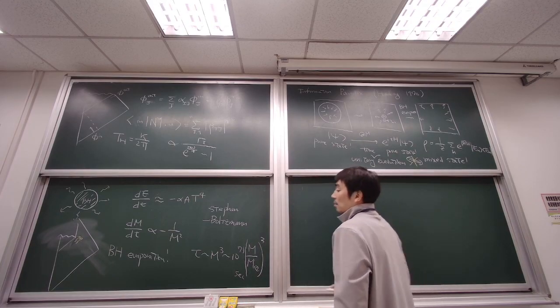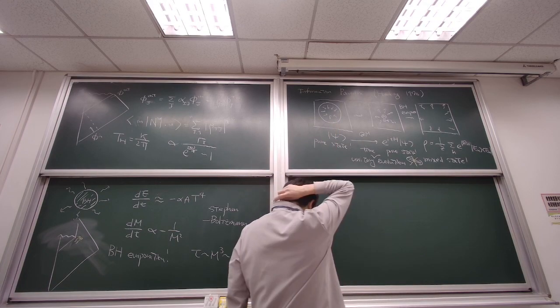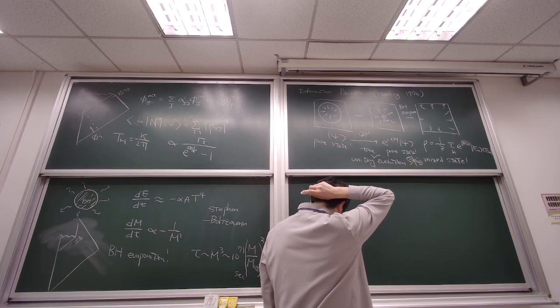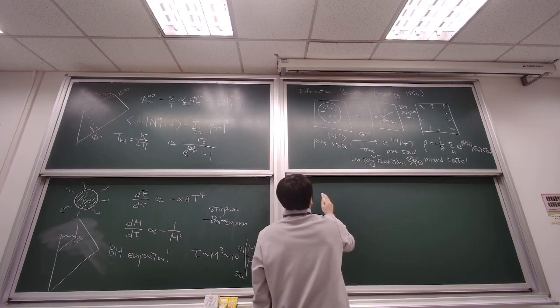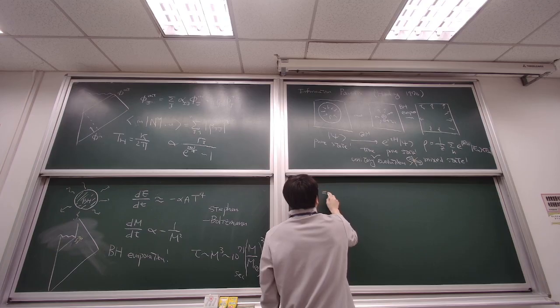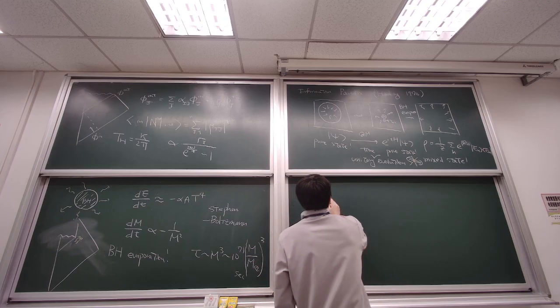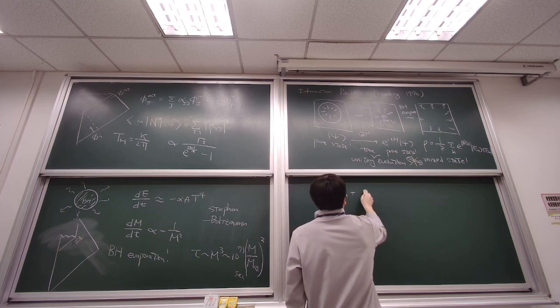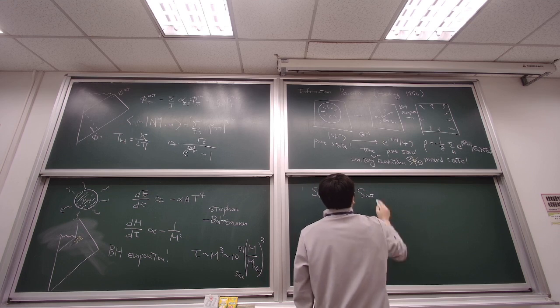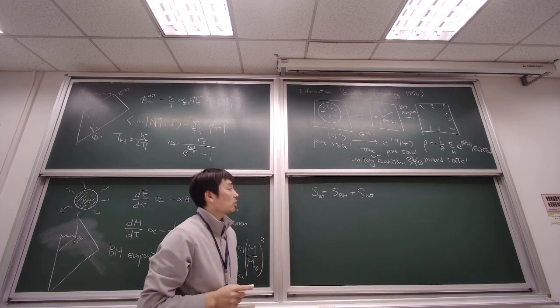But there is something more. Last time I talked about the entropy. The total entropy is S black hole plus S outside. It should be considered as a total system.